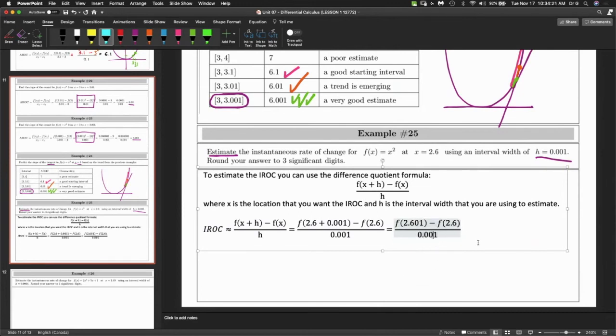So the function here is the parabola. It's x squared. You see the formula is x squared. So that will equal 2.601 squared minus 2.6 squared over 0.001.